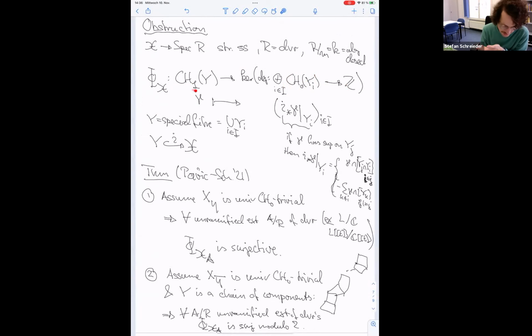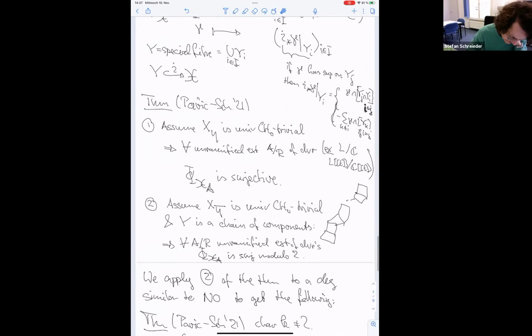So you need to know Chow_1 of these components, and that's difficult. Computing Chow groups of varieties is in general very difficult, and in particular Chow_1. So the only way we can control this is that we include a lot of degenerations that make our components simpler and simpler, so that we can control Chow_1 better. So this is technically, unfortunately, not so nice and not so simple, but it works.